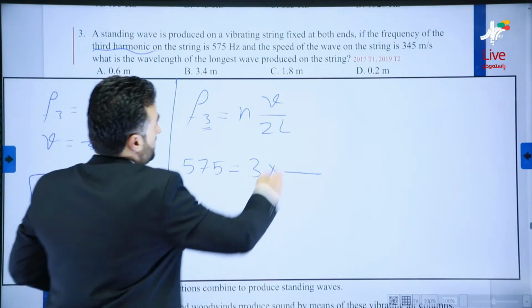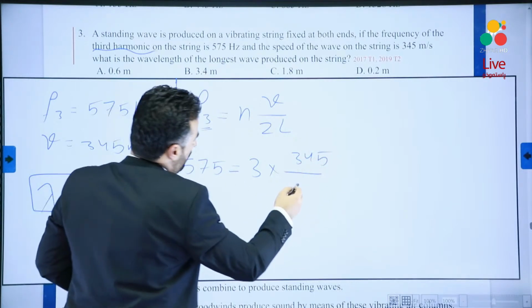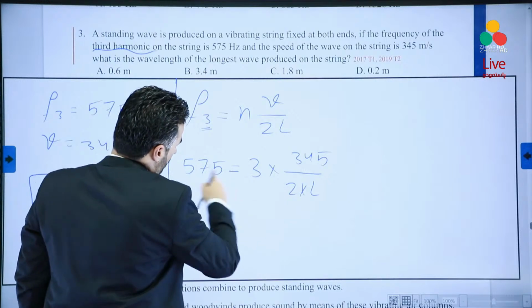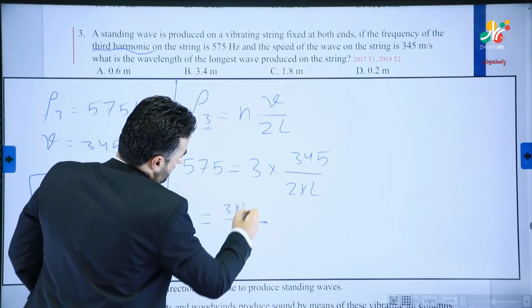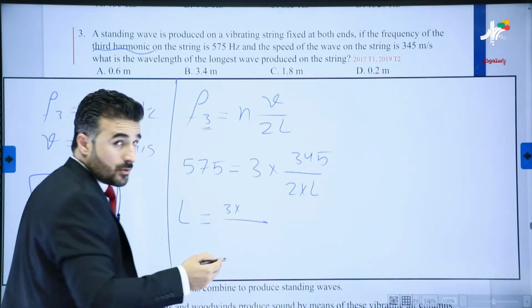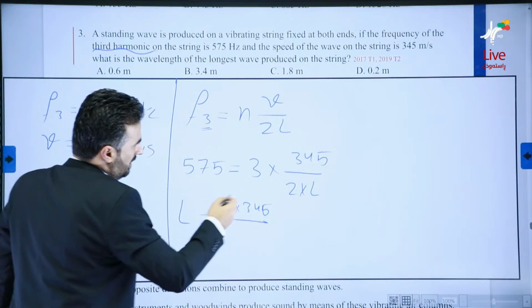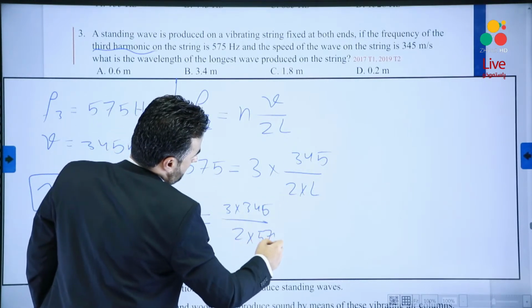That is basically 345, yeah? And then, of course, 2 times the length. L is not given, yeah? So I can, of course, swap these two. I can say L equals 3 times 345, and then, of course, divided by 2 times 575, all right?